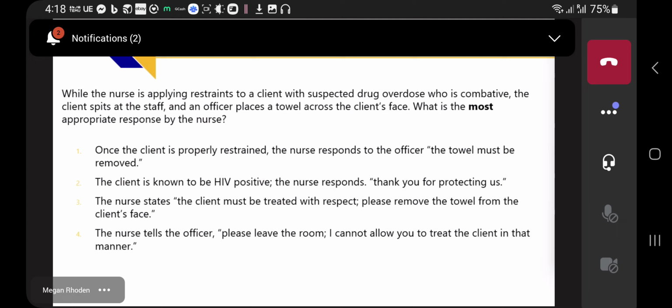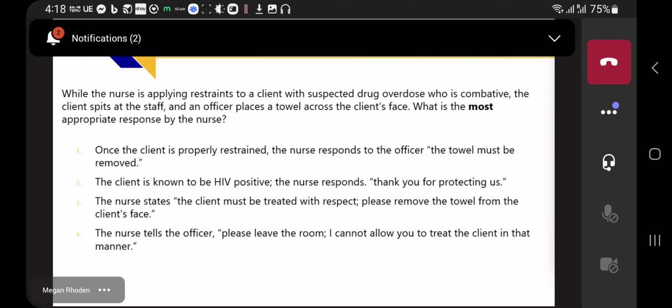Number 2, the client is known to be HIV positive. The nurse responds, thank you for protecting us. Number 3, the nurse states the client must be treated with respect. Please remove the towel from the client's face. And number 4, the nurse tells the officer, please leave the room. I cannot allow you to treat the client in that manner.